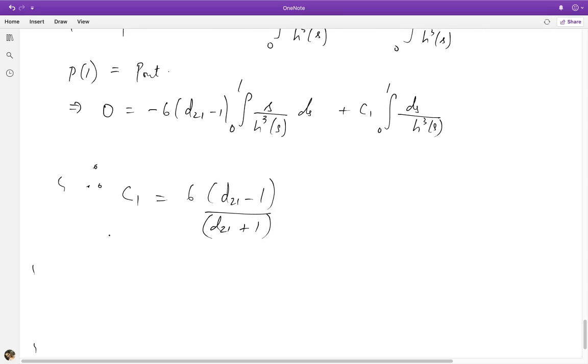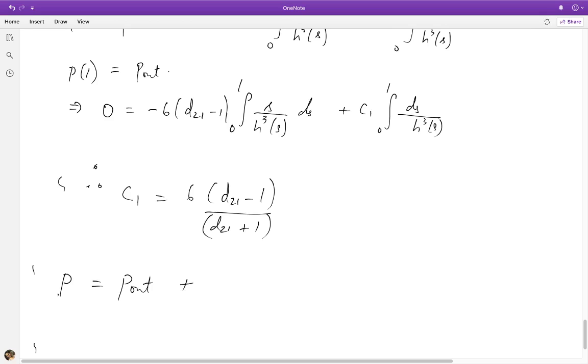Okay, we can then substitute C1 back into the equation above to obtain the final pressure. And what you will find, again, I'll leave this as an exercise for you to carry out, is the following.